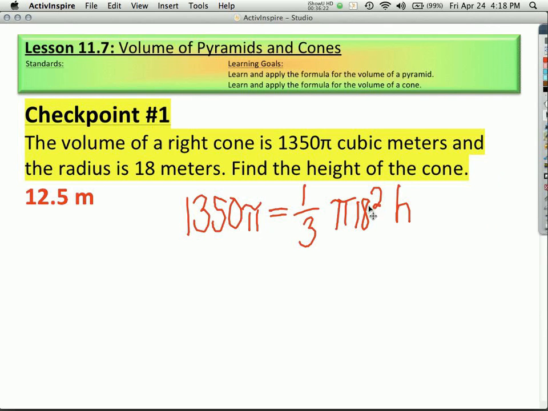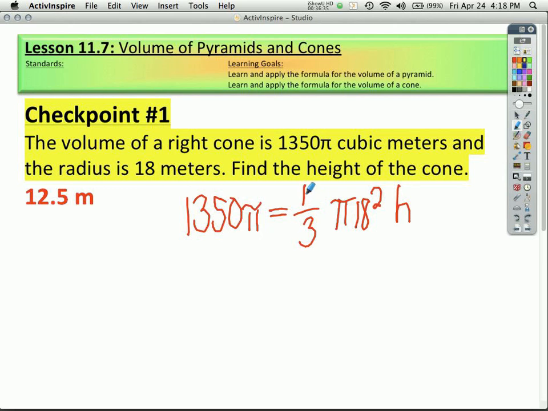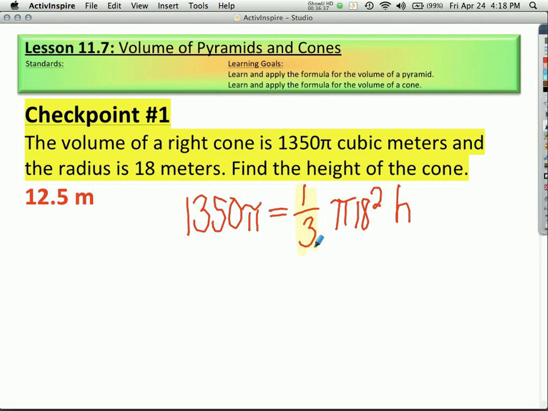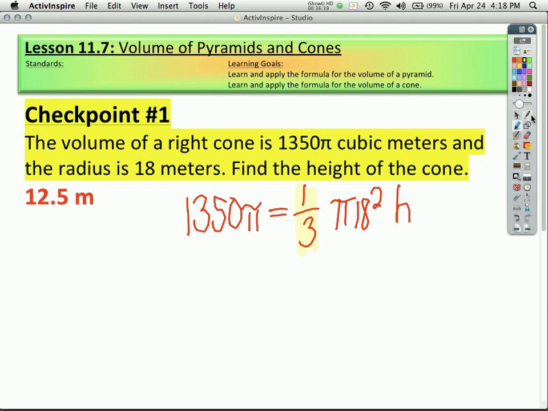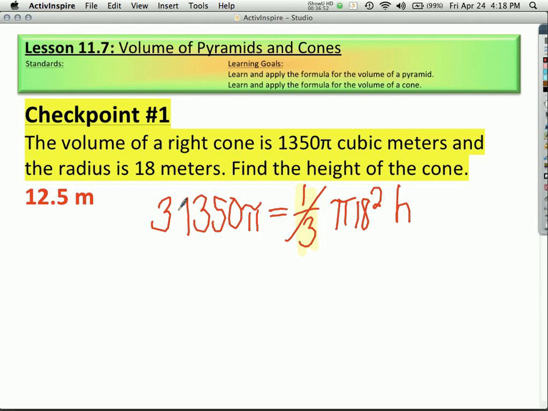Or we can do 18 squared, multiply it by pi, divide by 3, and then divide both sides by that result. But there's a simple thing you can do. How do you get rid of the 1/3 in a nice, effective, efficient way that does not get us any approximations? John? Yeah, multiply both sides by 3. That will disappear and you get that.